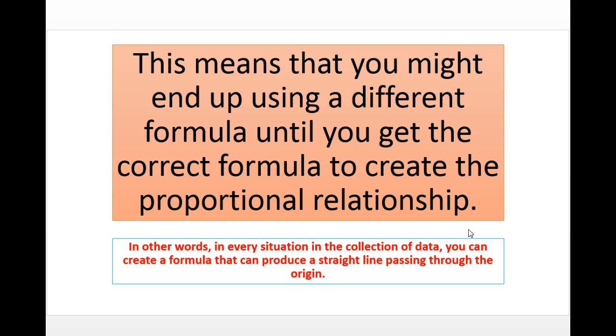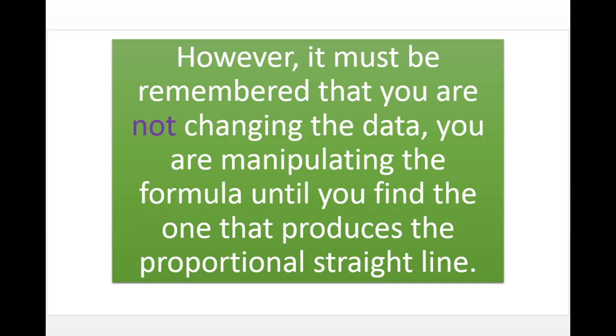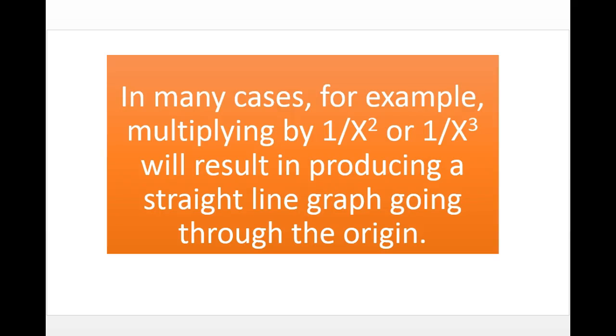Now, it's important to note that you're not changing the data. You're using the same data that you collected for the inverse proportionality, but you're creating a new formula, and that formula would produce a direct relationship with a positive slope. You're just manipulating the formula to represent the data to create a straight line.